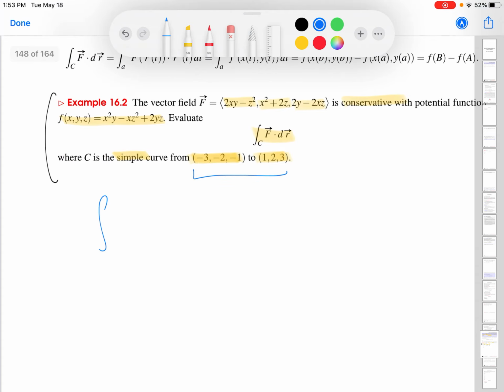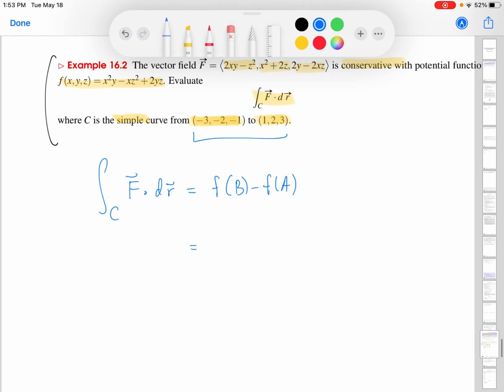So what is the result? The result is that the integral over C of f dot dr equals f of b minus f of a. Great. And so we're doing f of the final point, 1, 2, 3, minus f of the initial point, -3, -2, -1. And then this is our function here.